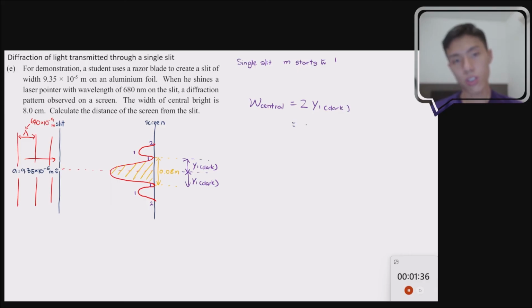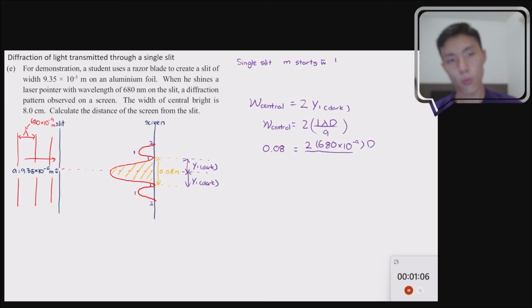If you refer to the equation sheet for dark for single slit, the equation is 1 lambda D over a. This is the dark equation. The width of central is 0.08. It's equal to 2 times lambda, 680 nanometer. The distance between slit and screen, did I mention it? No, that's what you want to find. And the width of the slit is 9.35 times 10 to the power of negative 5.